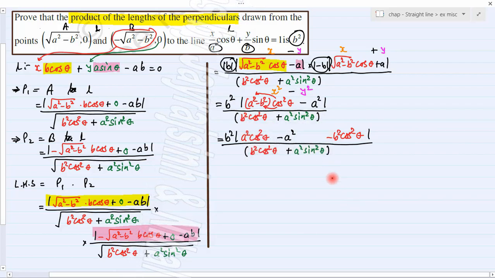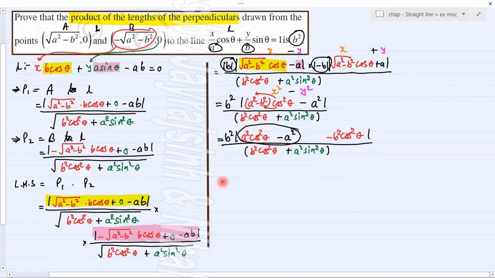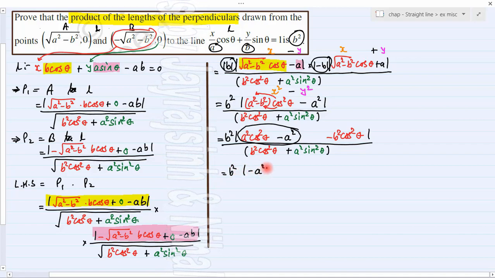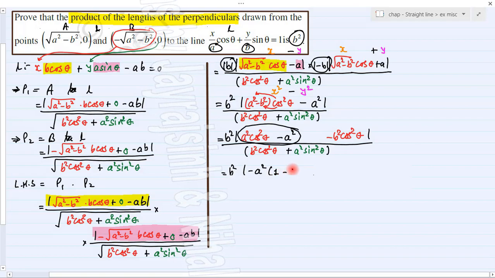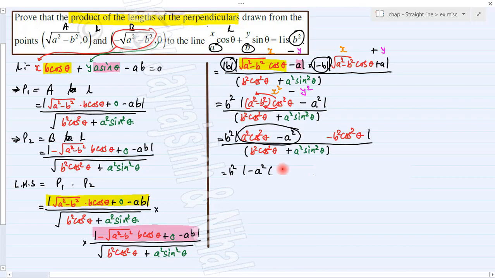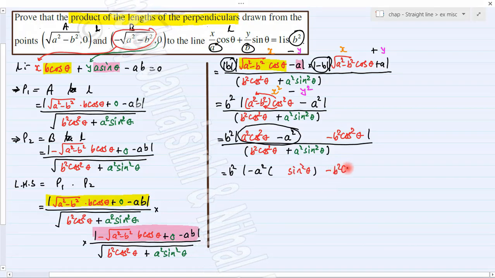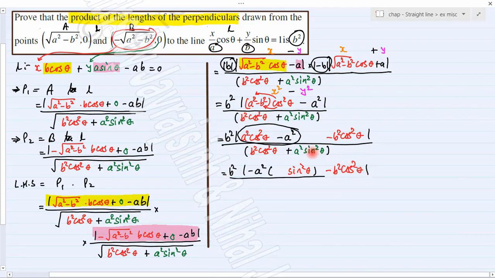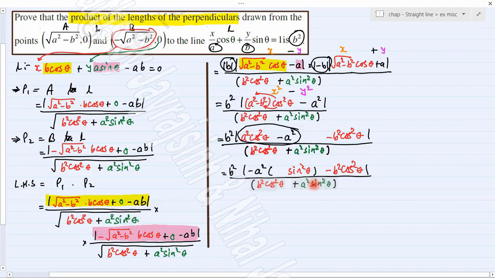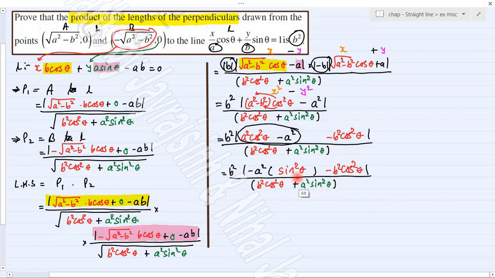Now, here we have a square cos square theta minus a square, or we can take minus a square common. So we will get 1 minus cos square theta, which can be rewritten as sin square theta, minus b square cos square theta, and your denominator will remain as it is.